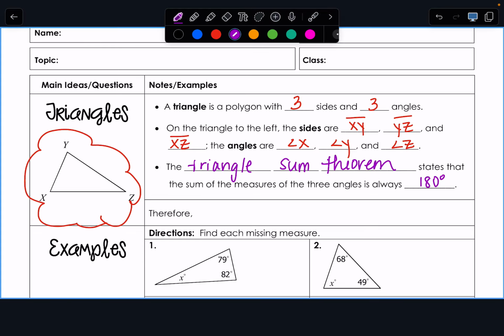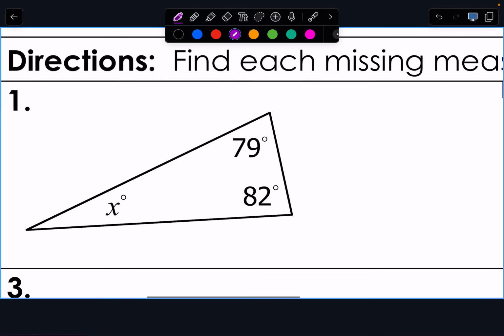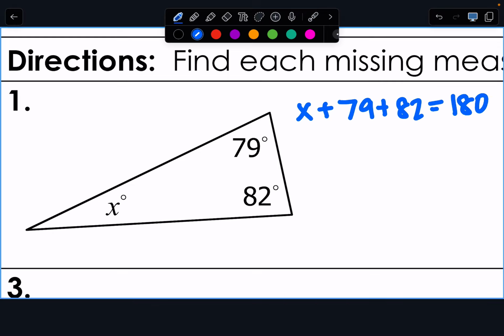Okay. So, we'll start simple, like number 1. We know that the 3 angles of a triangle should add up to equal 180 degrees. So this is what we would set up, right?